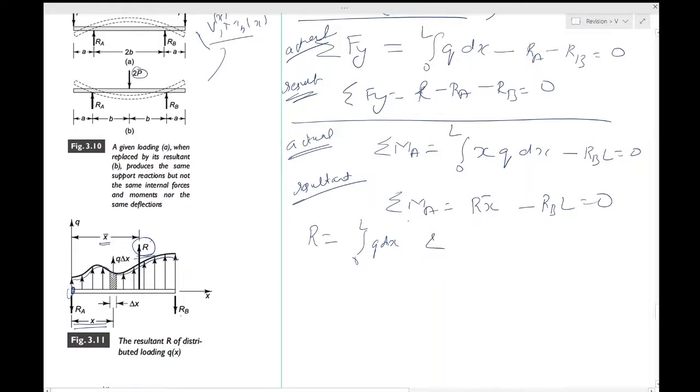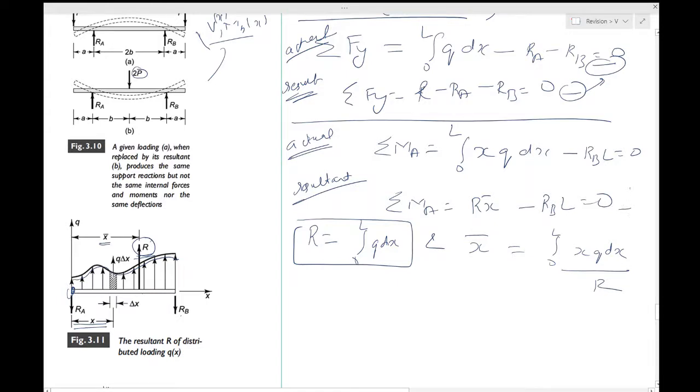How have we found it? We have found it using these two equations, and R must give out the same value. Similarly, you can write X bar is equal to the integral from 0 to L of X Q dx divided by R, by this and this.